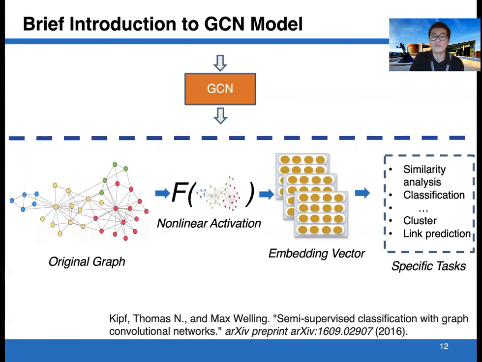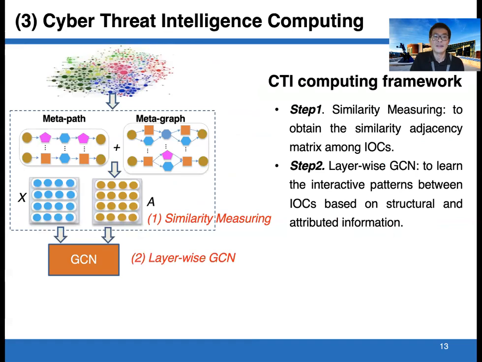Currently, GCN has been widely used in node classification, clustering, link prediction, and so on. Here, we use GCN to characterize and quantify the interactive patterns between IOCs.